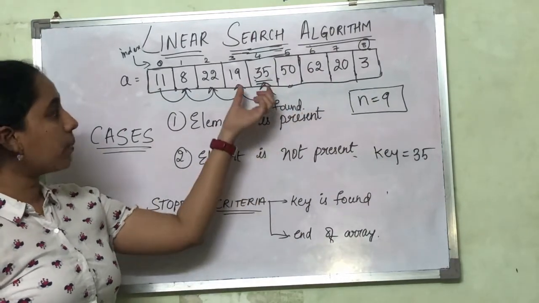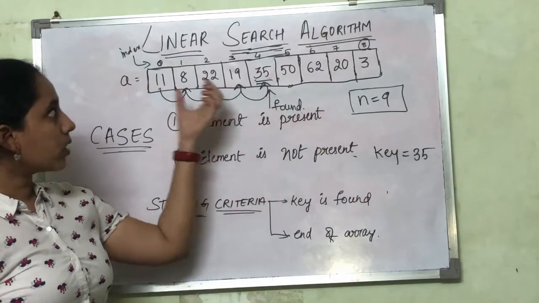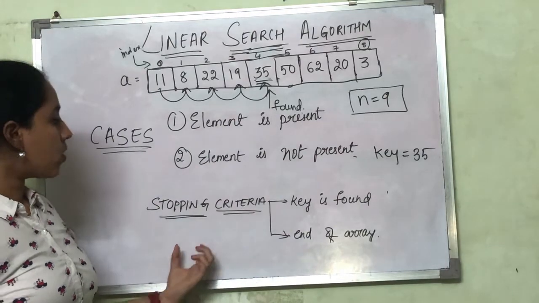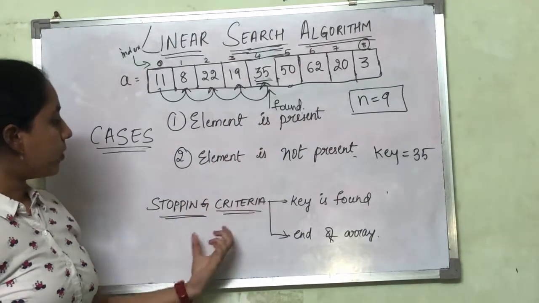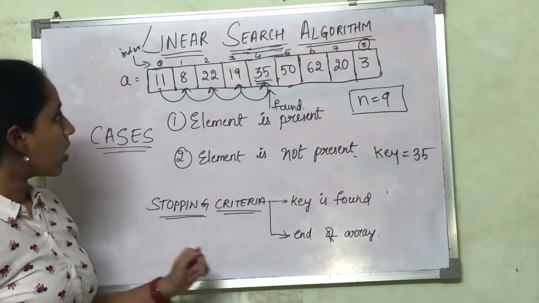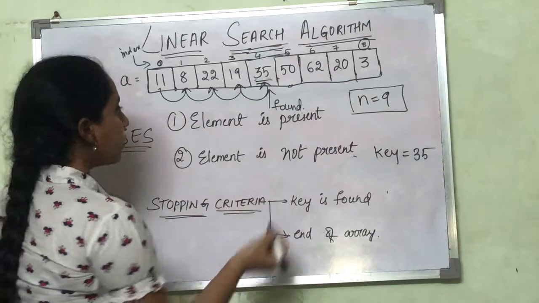That would be a drawback of the linear search algorithm if we don't use the stopping criteria. So we need to take care of the stopping criteria: whenever the key is found, there is no need to go further.